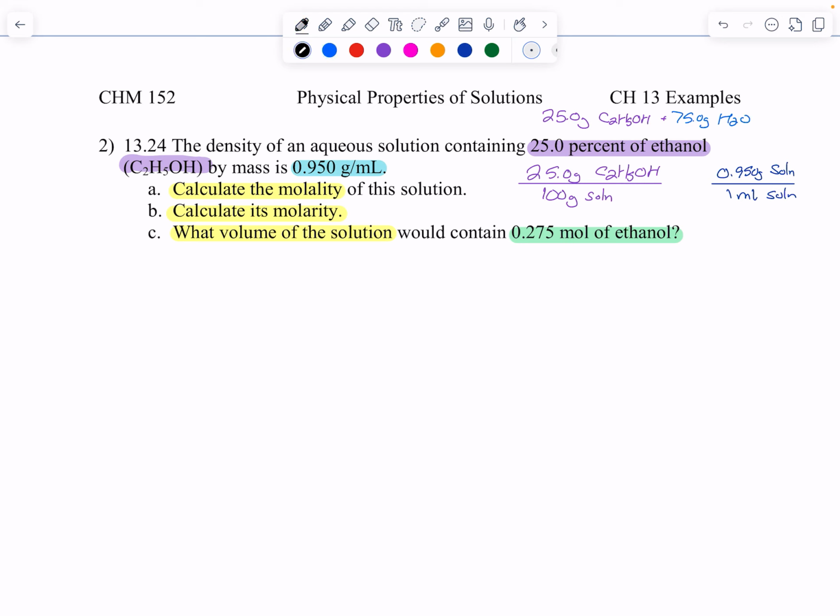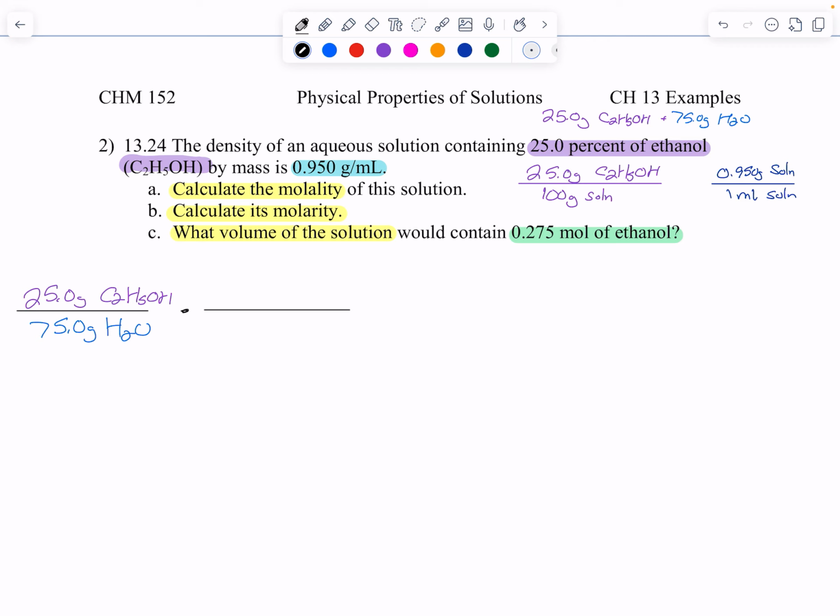So I think we can do the molality kind of like we did number 1. We can do 25.0 grams of C2H5OH and 75 grams H2O.